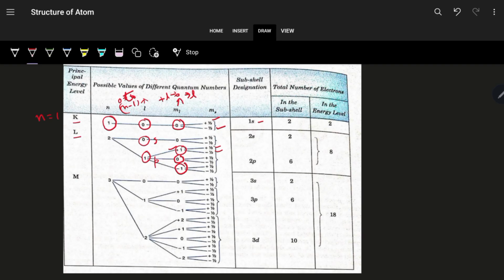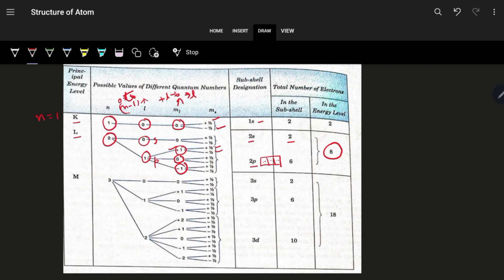So the 2s subshell can have a maximum of 2 electrons because it has only one orbital. The p subshell has 3 orbitals, so it can have a maximum of 6 because each orbital can have 2 electrons. So the total number of electrons in the energy level n equal to 2 is 2 plus 6, 8.